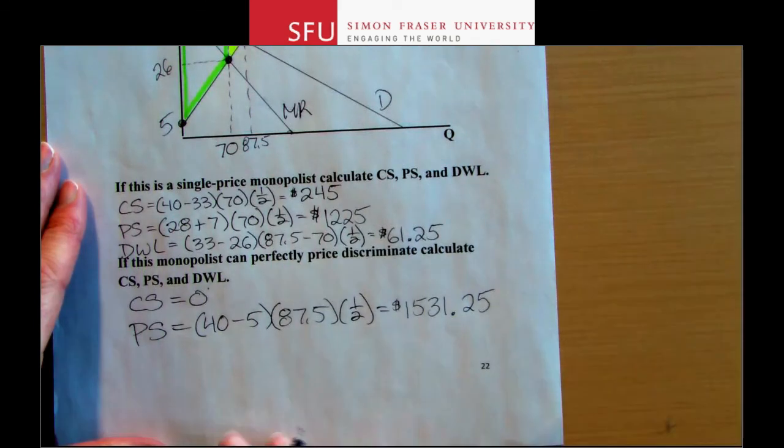And then, because the quantity produced is Q star, there's no deadweight loss.